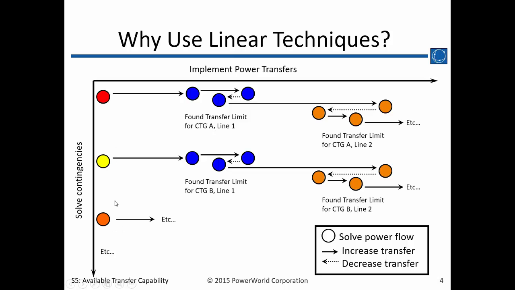Usually you're only concerned with the worst case scenario, so you might want to identify just the three worst contingencies and the three worst transmission line elements, so this process isn't going to be infinite. It'll be bound by what you tell it.